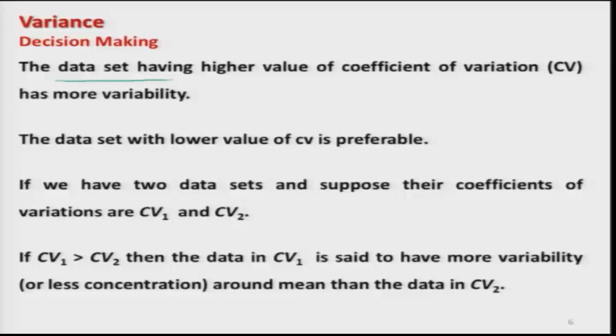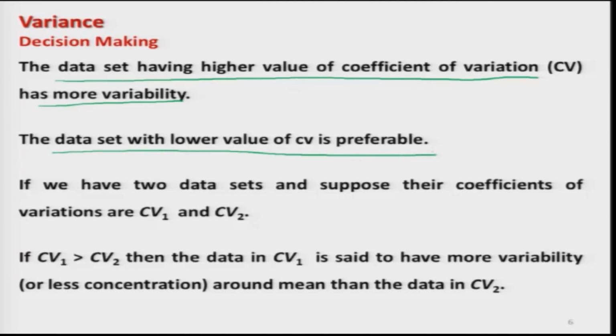Now, the question is how to use this concept of coefficient of variation in making a decision. The data set having a higher value of coefficient of variation is thought to have more variability. So, definitely when we have a lower value of coefficient of variation, this is preferable.